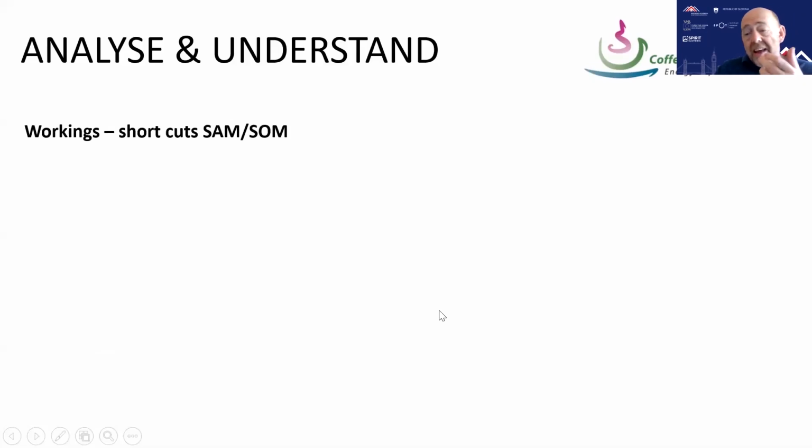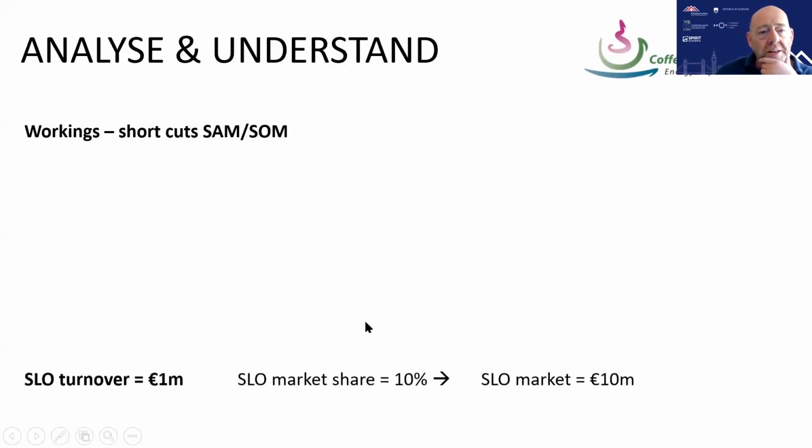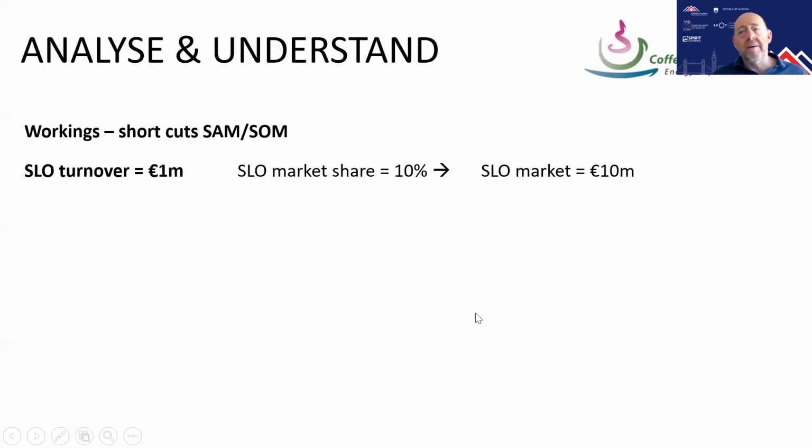Now, when you first look at a market, you want to do a quick back of the envelope calculation to say, ooh, is this a good market to go for? How do you do that without going into expensive market research to get all of the drill down data that you want? Well, here's an example. For example, you have your Slovenian turnover, that's around 1 million.